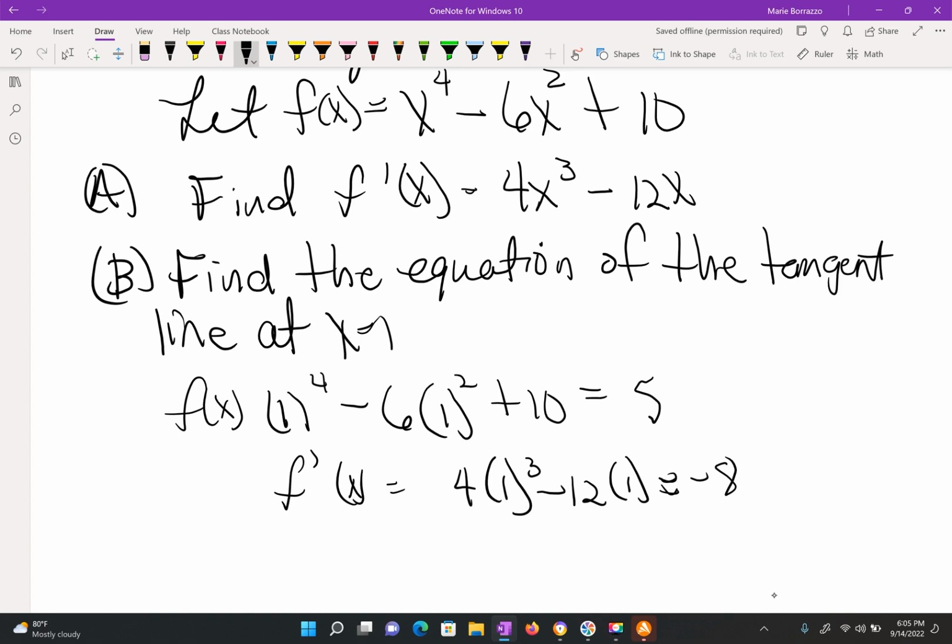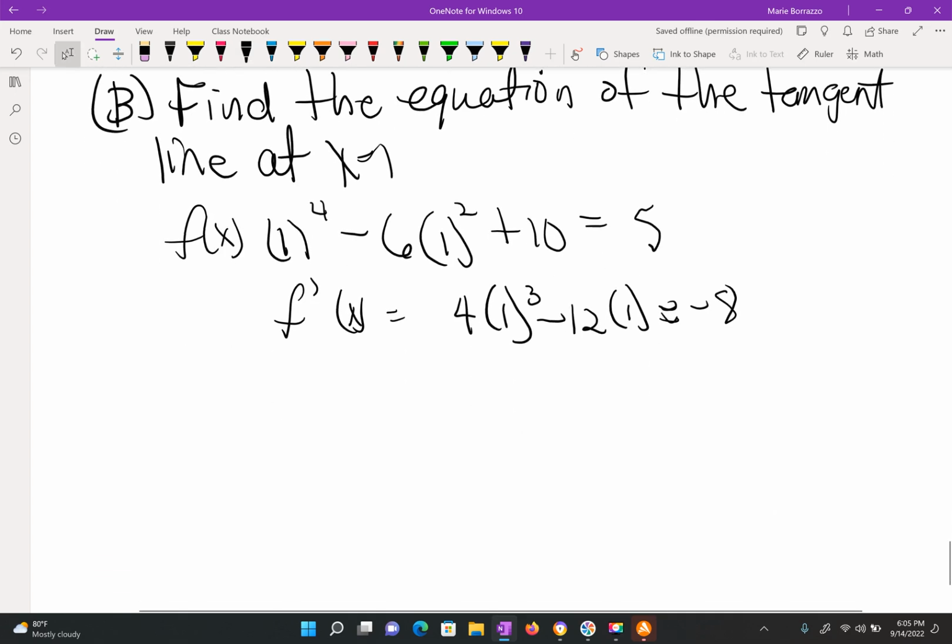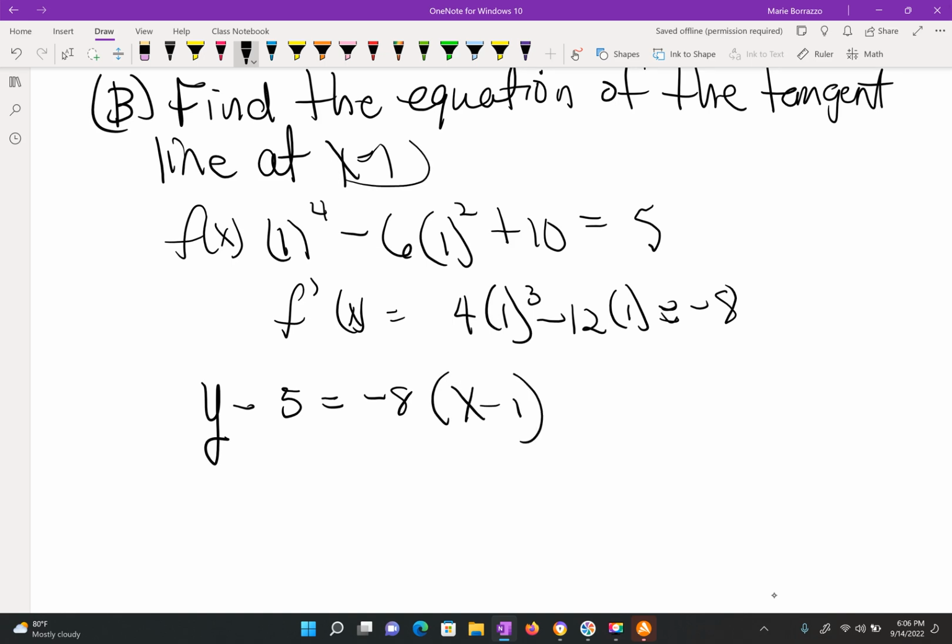So now we can use not the slope-intercept, but the point-slope formula. So we're going to say in this case y minus 5 is equal to negative 8 times x minus 1. Since we already knew x was equal to 1, that's what helps us here, right?